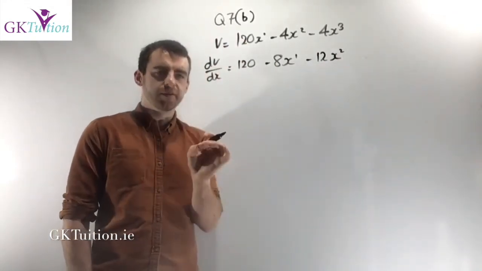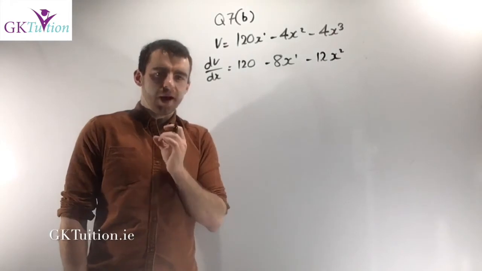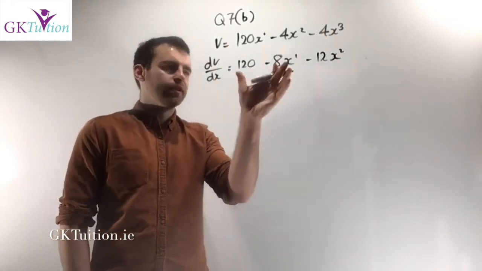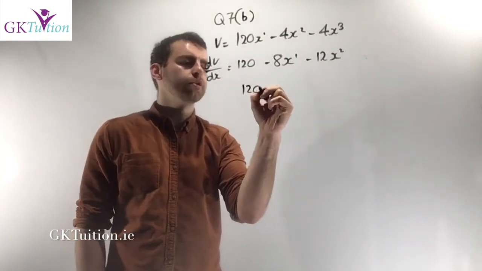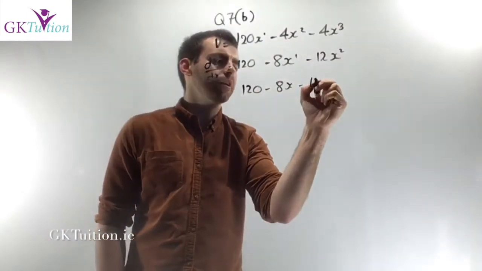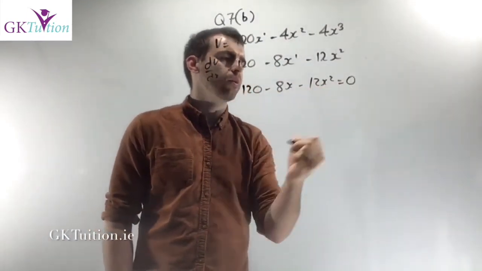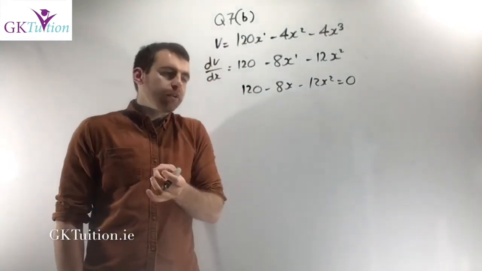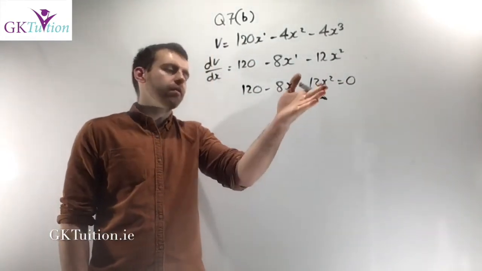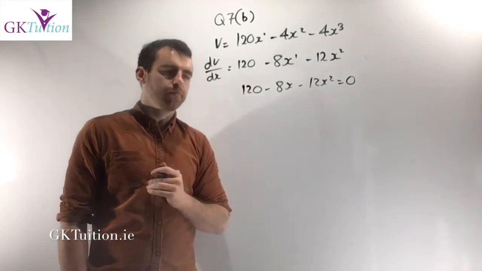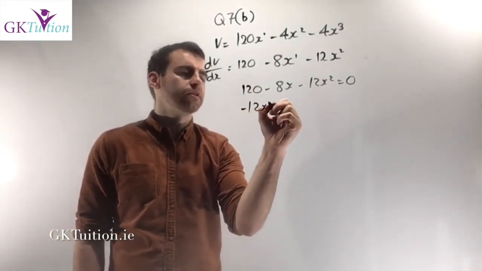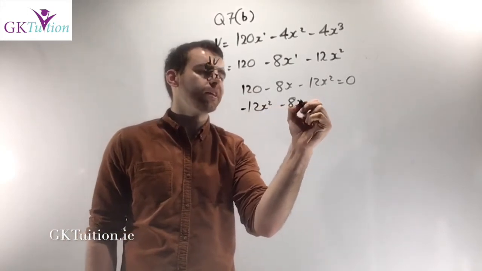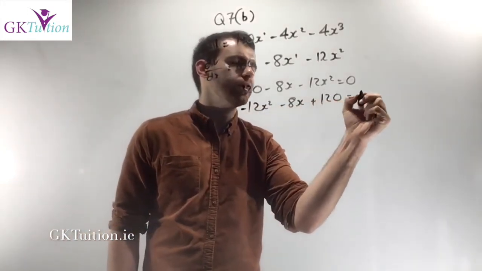So that's your derivative. Now in order to find the maximum or the minimum, we have to let the derivative equal to 0. So in this case it would be 120 minus 8x minus 12x squared equals 0. Now we clearly have a quadratic equation here. We have an x squared, we have an x, and we have a number. So our life will be made a lot easier if we just rearrange it another way. Write it as minus 12x squared minus 8x plus 120.